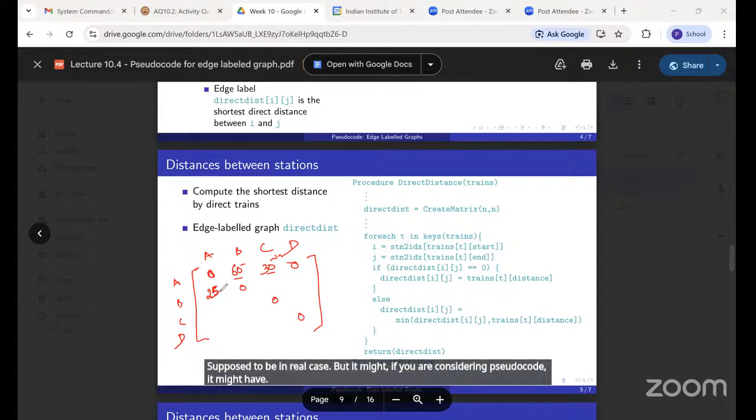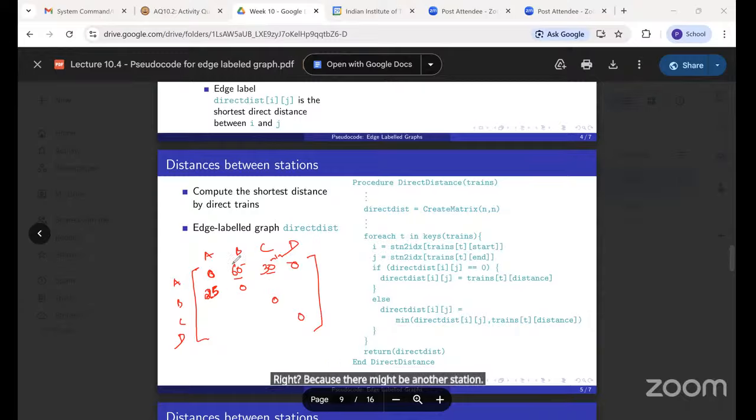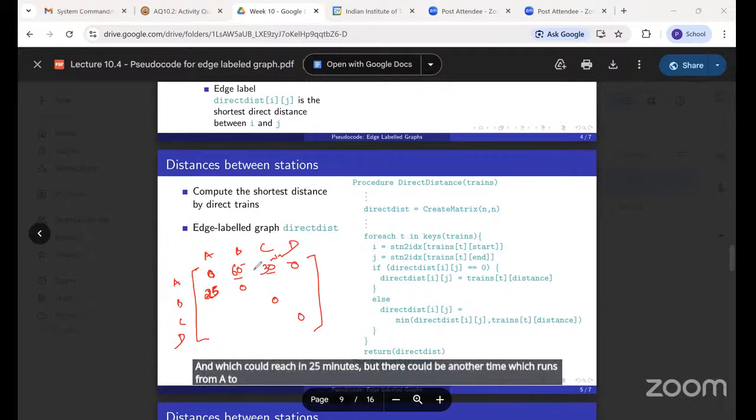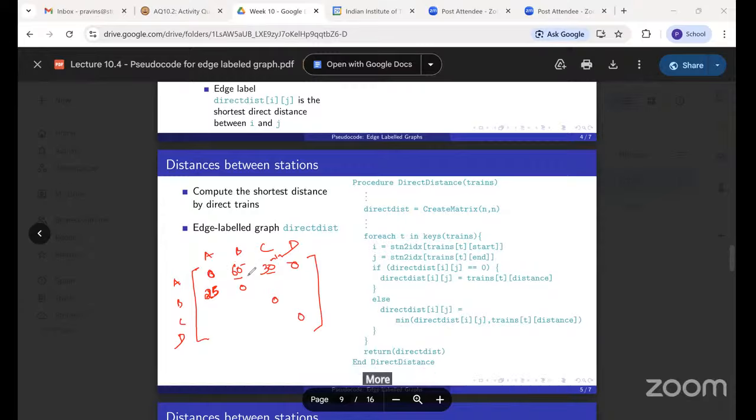Because there might be another train which runs from B to A and reaches in 25 minutes, but there could be another train which runs from A to B and takes longer than usual. If it has more intermediate stops, it will take more time, right?